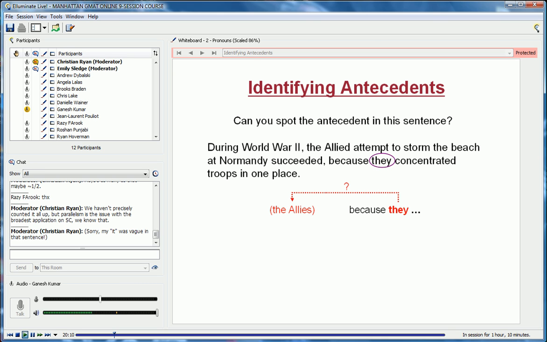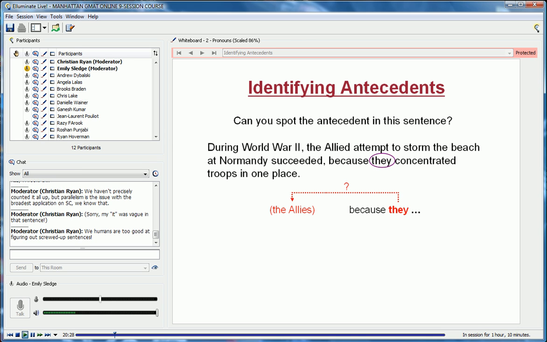So I was unsure of whether they refer to allied in this context. Yeah, good. And most of your classmates picked up on this too. You sort of know what they mean by they. From the context of this sentence, it's got to be the Allies who concentrated troops in one place.